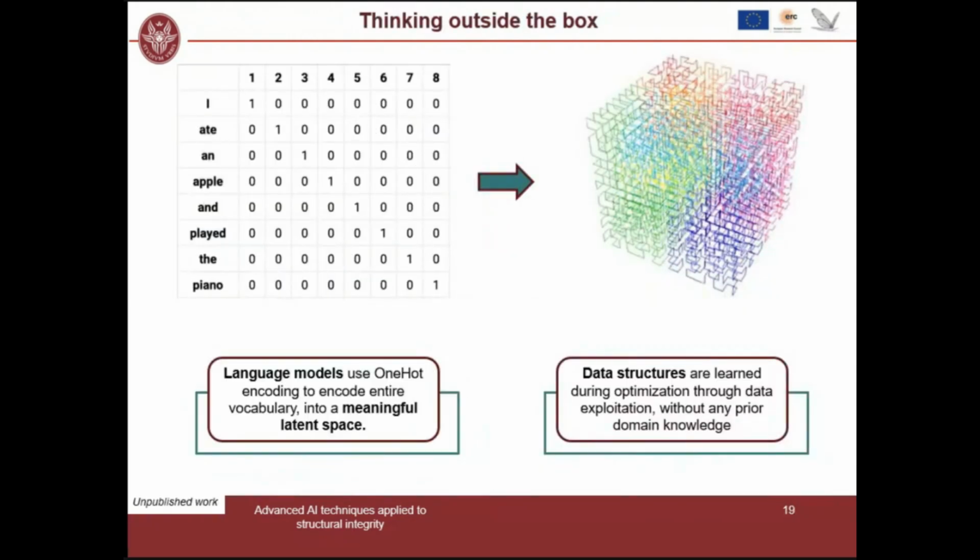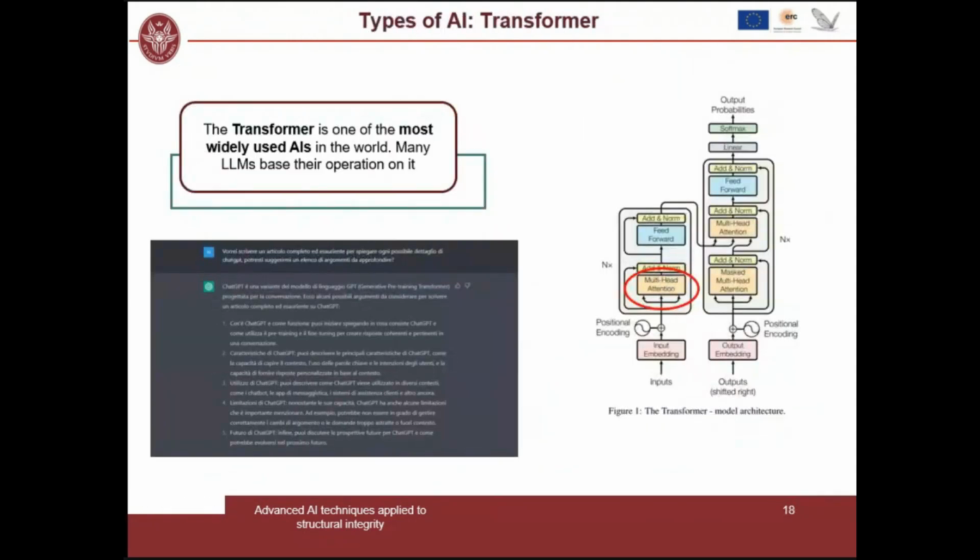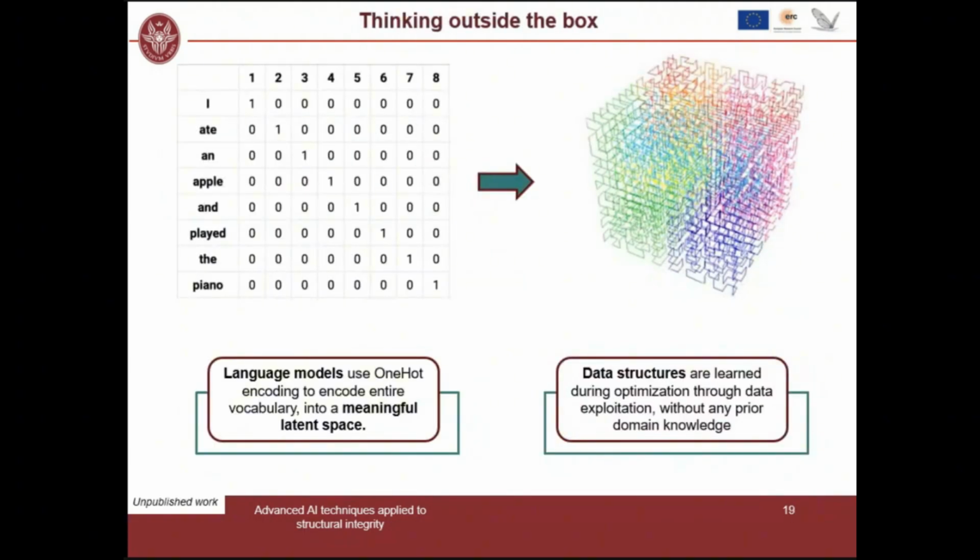So you don't see it, but it's essentially a transformer. A transformer is a very simple net, honestly. It's very deep when you use it with ChatGPT or Gemini, but essentially this is the simple structure of a transformer.